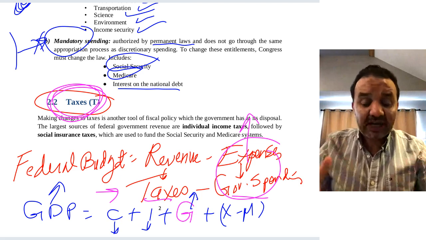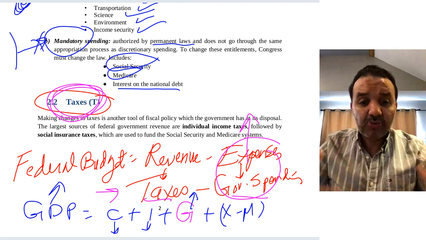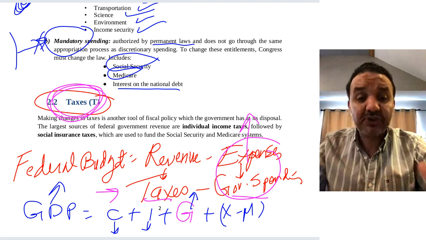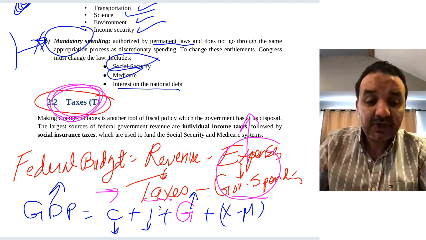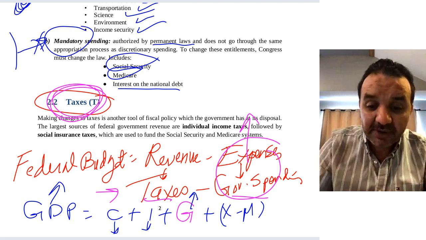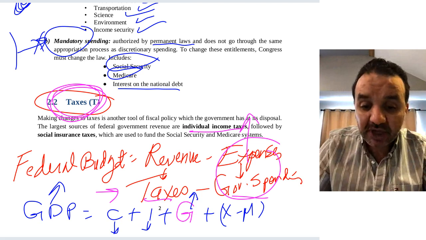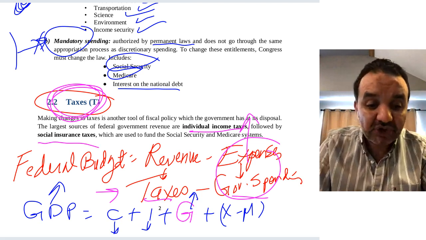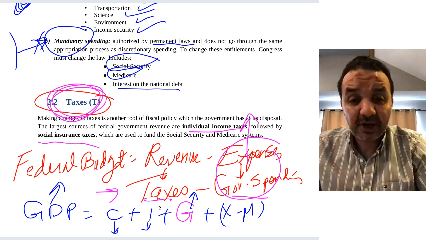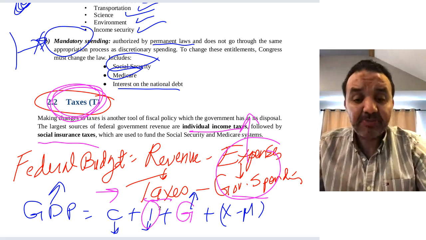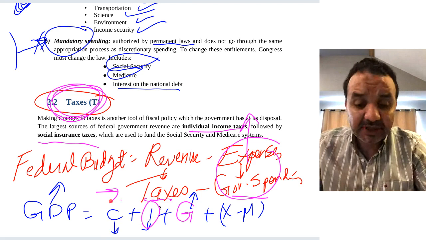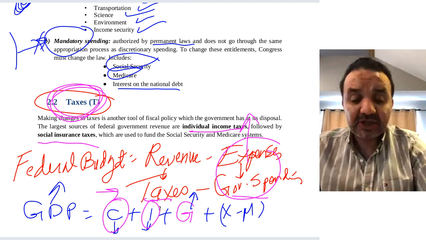The federal government wants to give more motive to the households to consume more, and this can be done by cutting taxes. So the federal government can cut the individual income taxes, the social insurance taxes, and the corporate taxes. By cutting the corporate taxes, they can stimulate the investment. By cutting the personal taxes, they can stimulate the consumption.